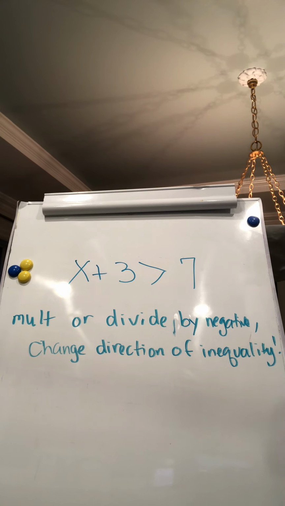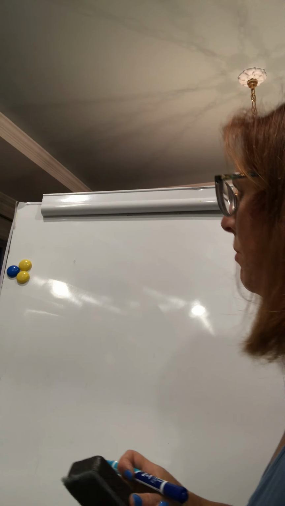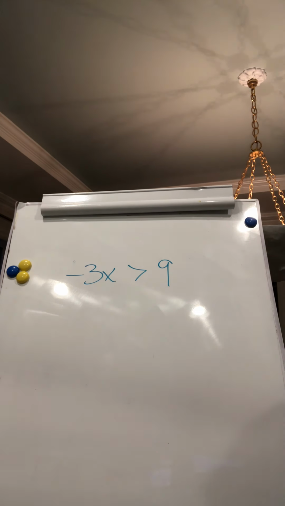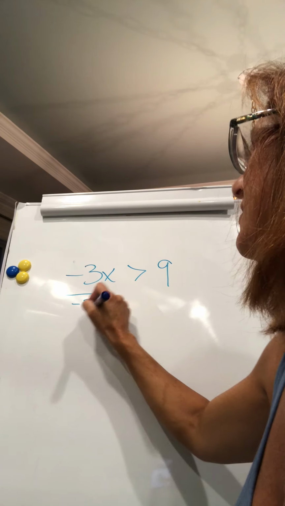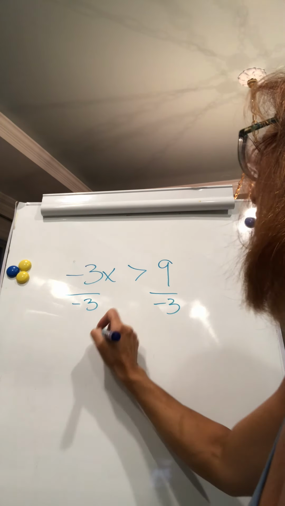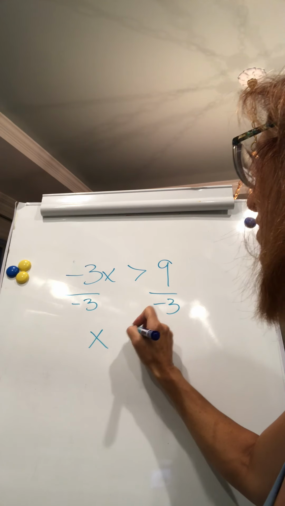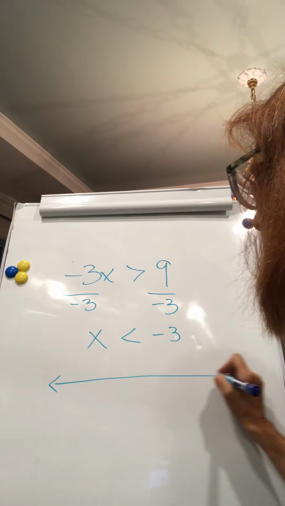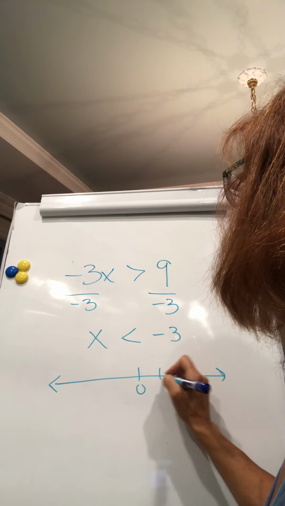I want to talk about compound inequalities. Well, before I do that, let me do an example of changing the direction. So say I had this problem, and I divided both sides by -3. I would have x, I would change the direction of the inequality. X is strictly less than -3. I would draw a number line.